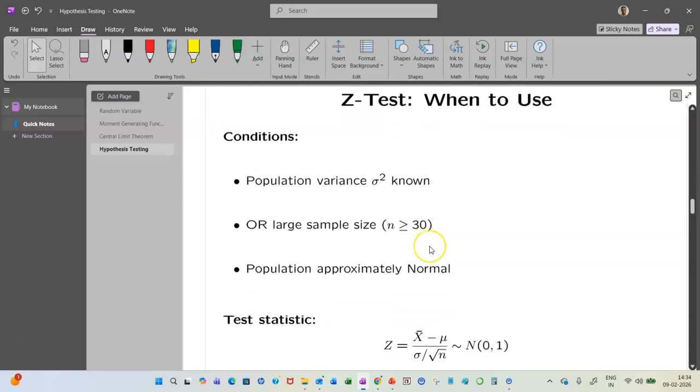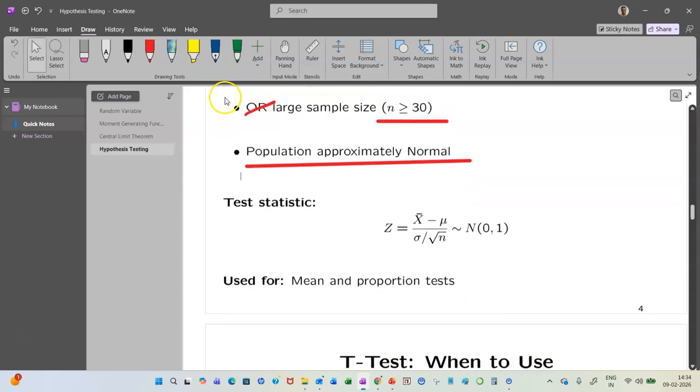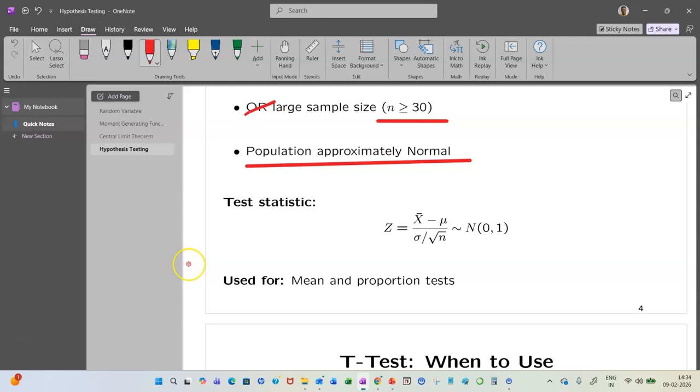Let us talk about the z-test. Suppose population variance is known, sigma square is known, and our sample size is bigger than or equal to 30, and the population is approximately normal. So we use the test statistic, the z-score, x bar minus mu divided by sigma by root n.